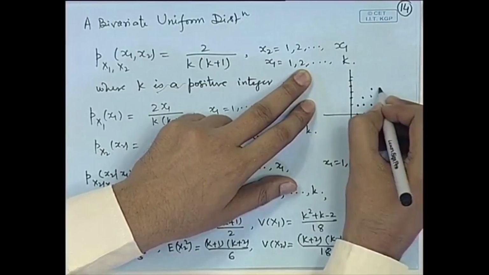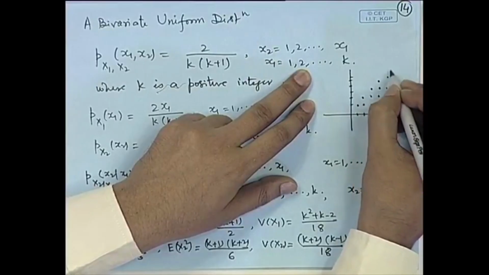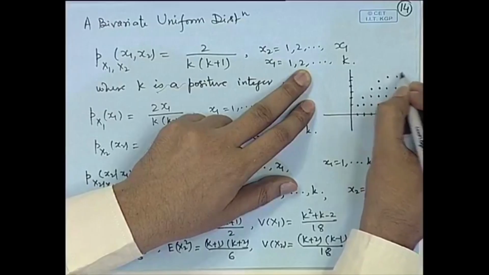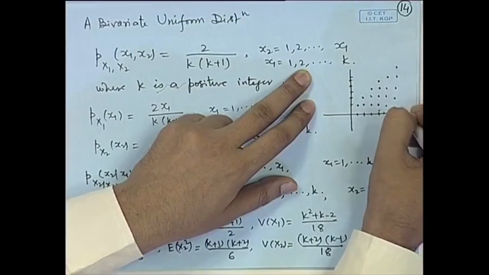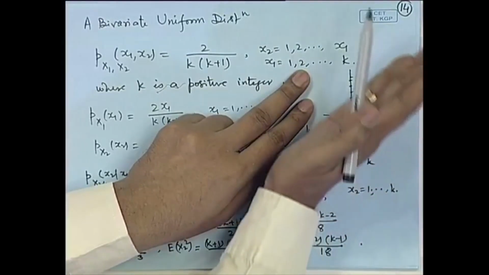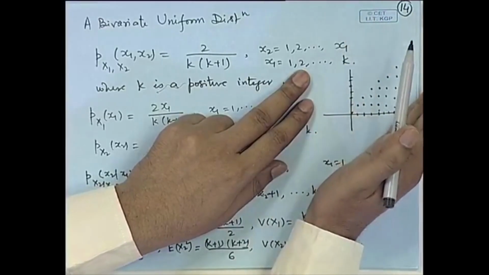So, you can see that this is a discrete uniform distribution with probabilities concentrated on the diagonals. You can say it is half of the square actually.